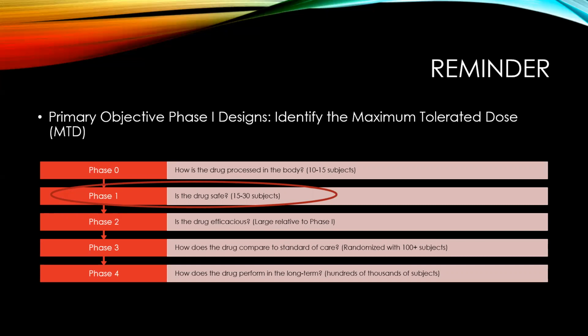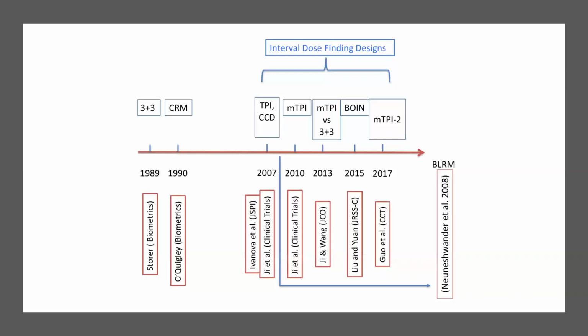So as you can see, these model-assisted designs are a relatively new phenomenon. And as I mentioned in my first lecture, this was in response to these model-based approaches, the CRM, you can see coming right after the 3+3, just being a little bit hard to implement in terms of having to have a lot of back and forth between the PI and biostatistician.